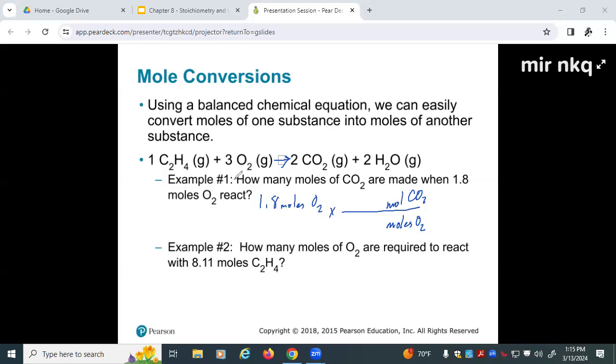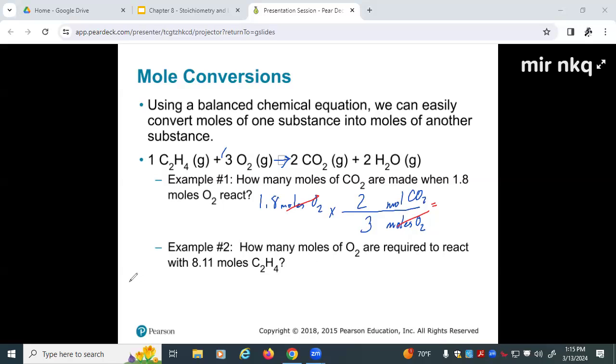So I've got a 3 here for the oxygen, so it's 3 oxygens. I've got a 2 here on carbon dioxide, so it's 2 carbon dioxides. Like with other dimensional analysis problems that we do, moles of oxygen cancel out, and moles of carbon dioxide are remaining.